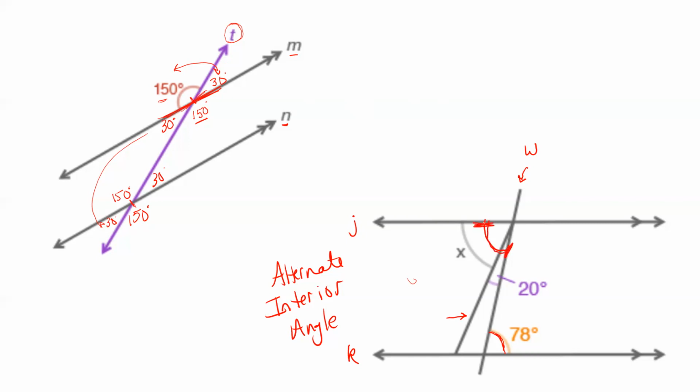And it stops here, because you have to be on the opposite sides of this transversal. So we're only looking at this transversal right here. I understand there's an extra line, but alternate interior angles are equal. So that means that 20 degrees plus X has to equal 78 degrees, because they're alternate interior angles.